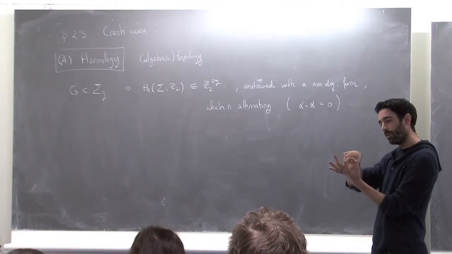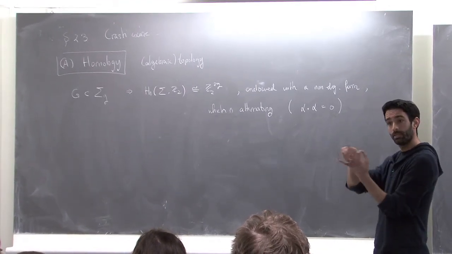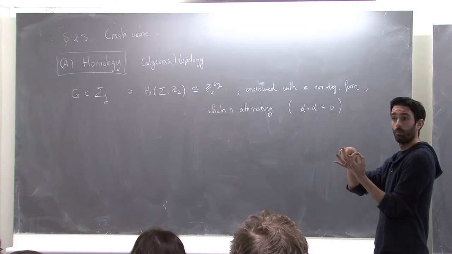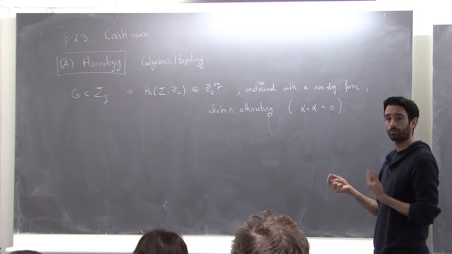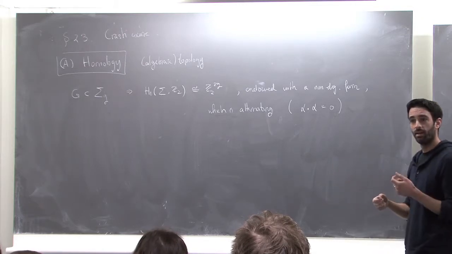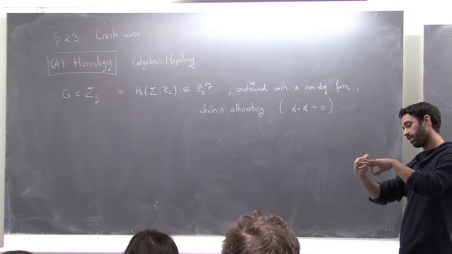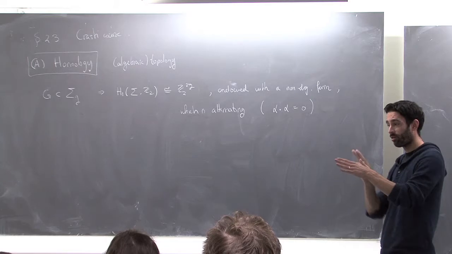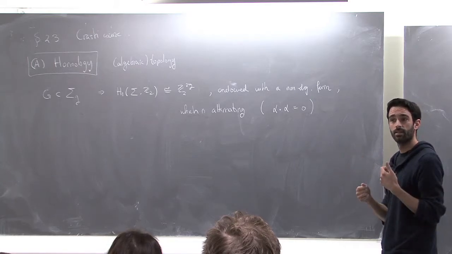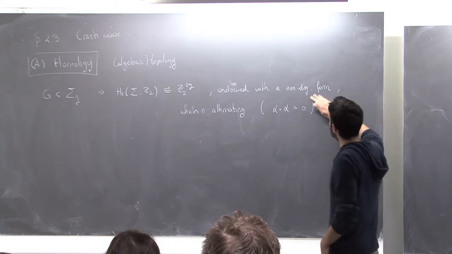And so therefore you can push off this cycle a little bit aside. It's still the same homology class, but it is disjoint. If you're not on an orientable surface, that's no longer true. If you're on the Möbius band, you take the cycle that generates the homology of the Möbius band. If you push it off, it actually intersects itself once. But here, this is since the surface is orientable.